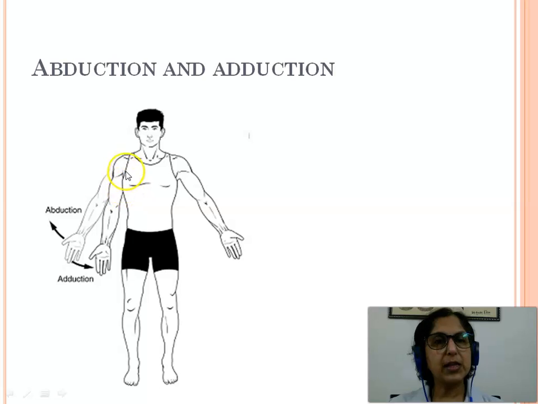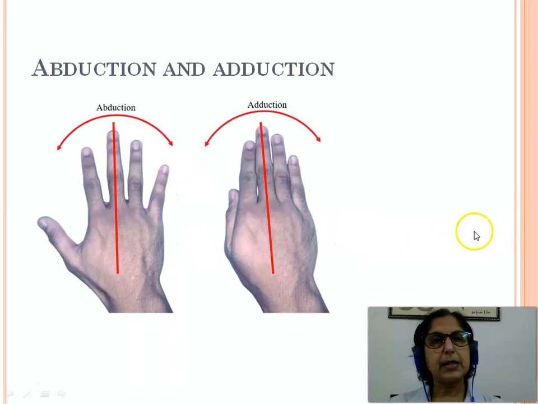So what we see here is shoulder joint movement of abduction, where the upper limb is taken away from the midline of the body, and adduction, where it is brought towards the midline of the body. And this is the abduction and adduction occurring at the metacarpophalangeal joints, axis passing through the middle finger.